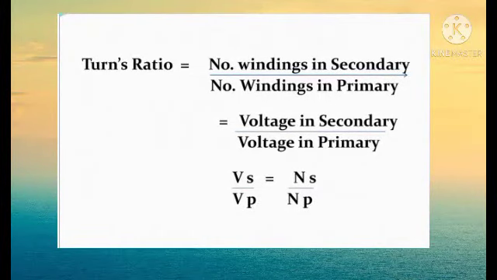The turns ratio is equal to the number of windings in secondary to the number of windings in primary, which is equal to the voltage in secondary to the voltage in primary. We can also write this formula as Vs/Vp = Ns/Np, where Vs is the secondary voltage, Vp is the primary voltage, Ns is the number of turns in secondary and Np is the number of turns in primary.